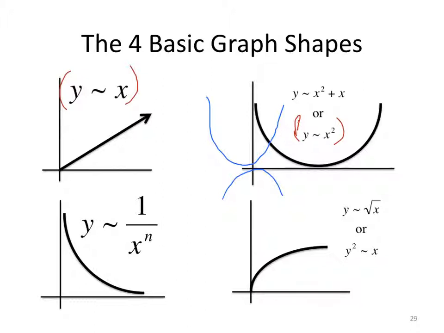The only reason this is shifted over to the right is because, for this top equation, y is proportional to x squared plus x. That plus x shifts the graph one way or the other. But generally speaking, if y is equal or proportional to x squared, you're going to have an open-ended graph, either open on the top or open on the bottom.